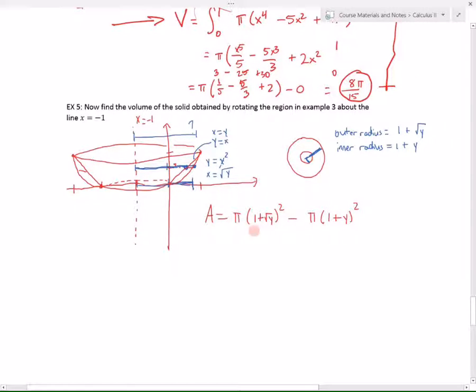Alright, and now I'll simplify this with a little bit of algebra. Keep in mind 1 plus square root of y squared has to be FOILed, so I'm going to bring my pi out front like I did in the previous example, and now say 1 plus 2 square roots of y plus square root of y squared, which is just y, and then this is 1 plus y times 1 plus y, which is 1 plus 2y plus y squared, but then there's a minus out front, so minus 1 minus 2y minus y squared, and the pi I just pulled and factored out.